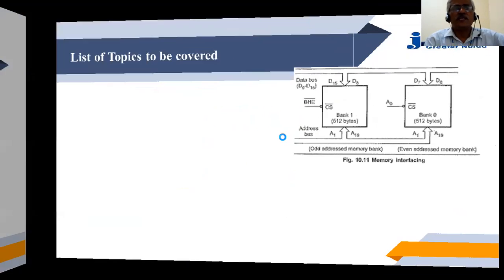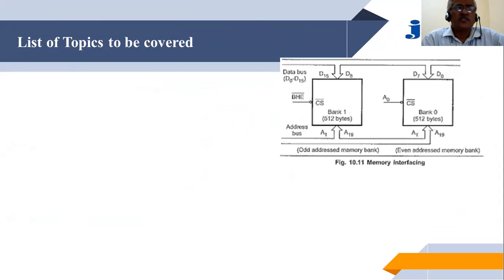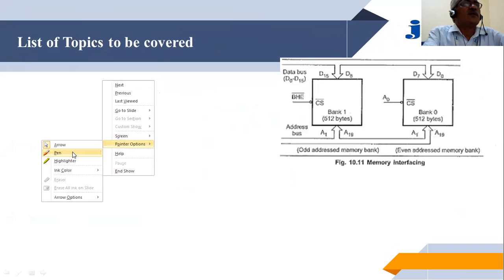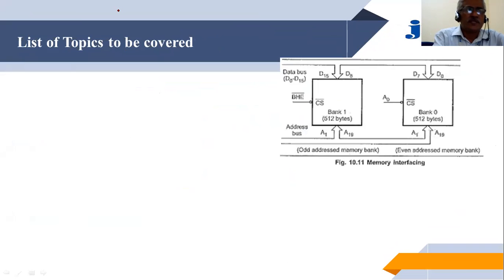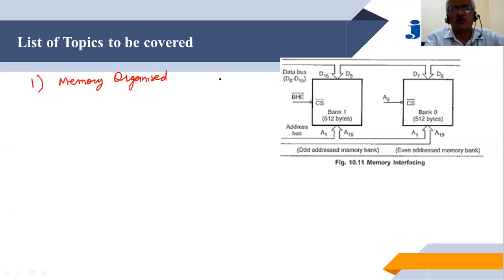So what exactly do you require? You require the knowledge of the organization of the memory. You need to know how, for a given system, memory could be organized. This is the basic background, and we talked about it in the previous class.